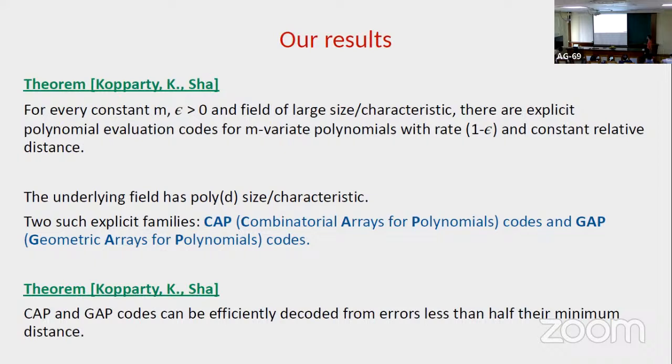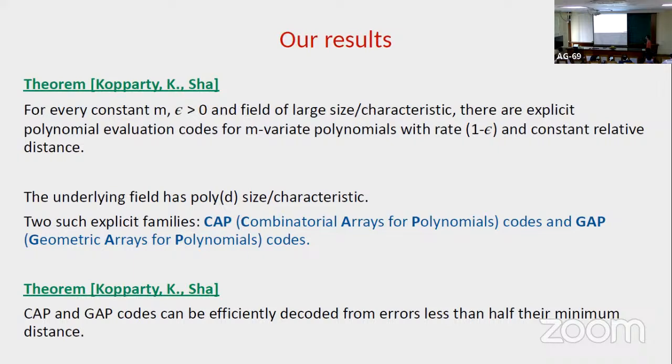In addition to explicitly constructing such point sets, we also show that both these codes, gap and cap codes, can be efficiently decoded when the number of errors is less than half their minimum distance. This is the unique decoding regime of codes. We would ideally like codes that are decodable in this sense, and these codes happen to have this property.